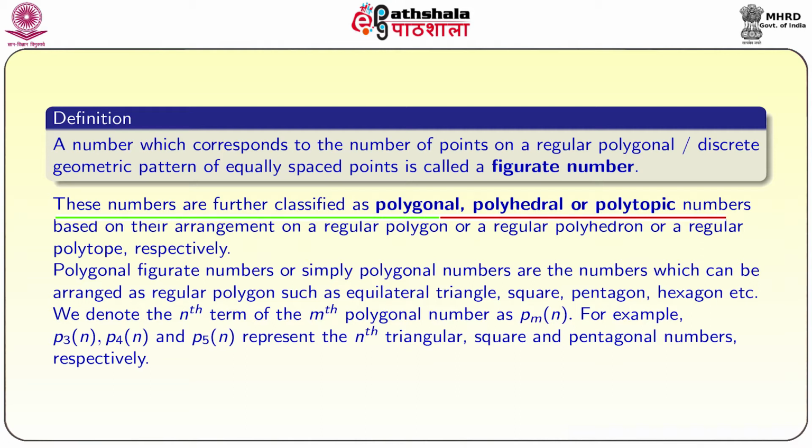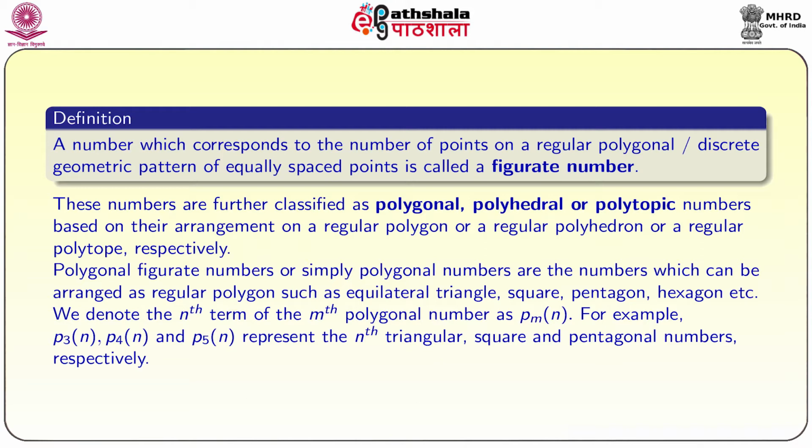These numbers are further classified as polygonal, polyhedral, and polytopic numbers, based on their arrangement on a regular polygon, regular polyhedron, or regular polytope respectively. We will introduce these terms slowly, one by one.